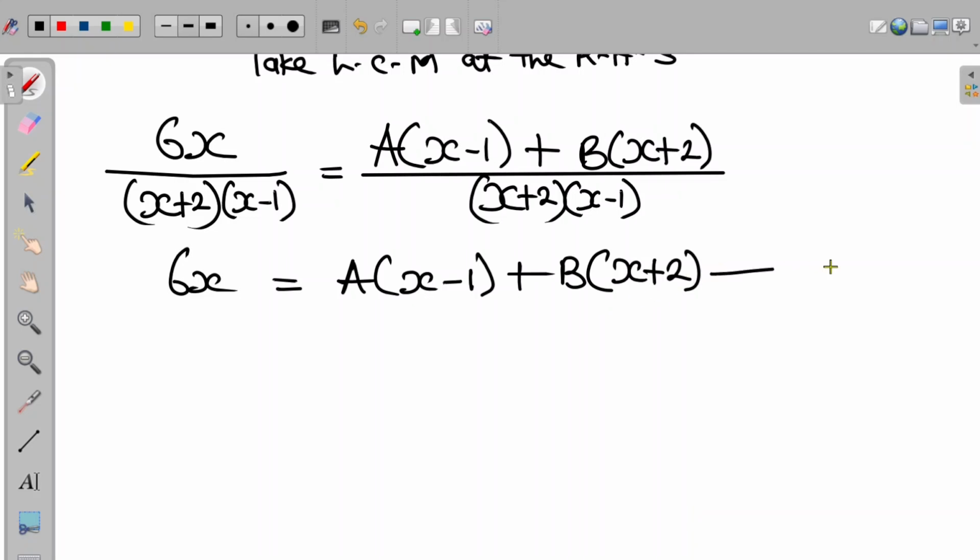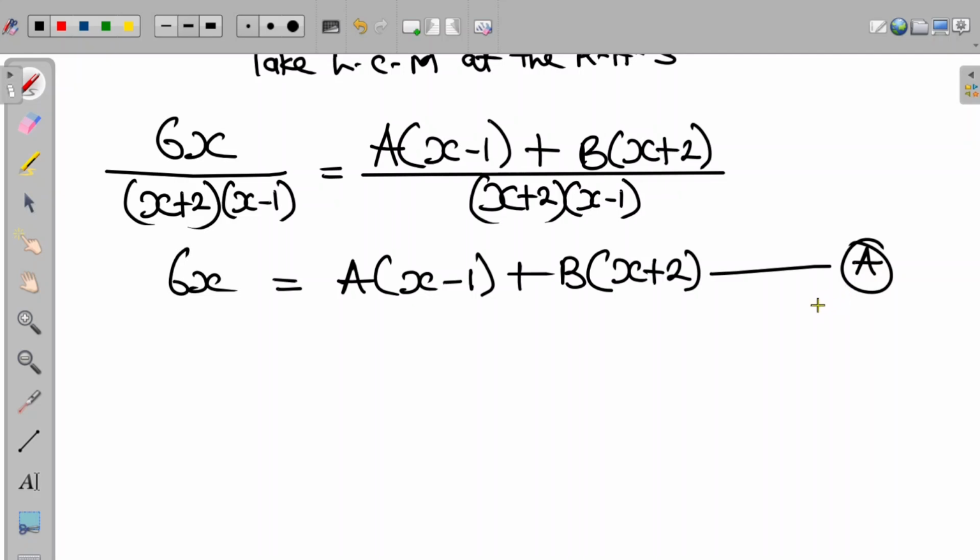Let's call this equation A. Now, to obtain the values of a and b at this point, we have to use the cover-up method. The idea here is that we plug in a convenient value of x to eliminate either a or b.